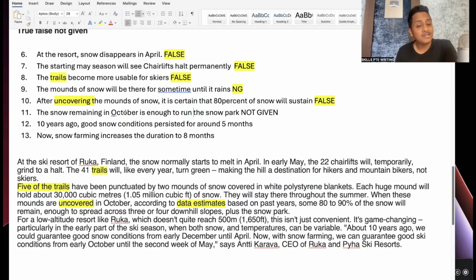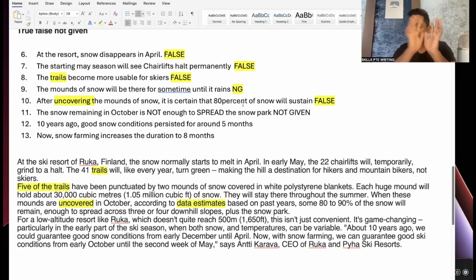When it would be false, the snow remaining in October is partially enough, is, let's say, not enough to spread the park. Now it is false. True, false. But this is something different.